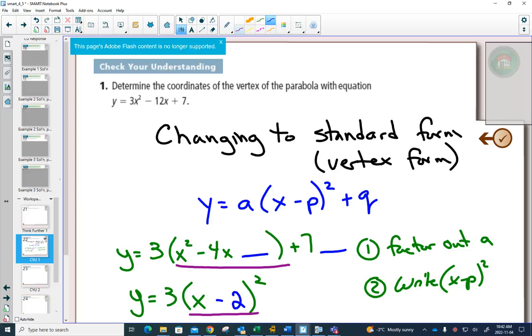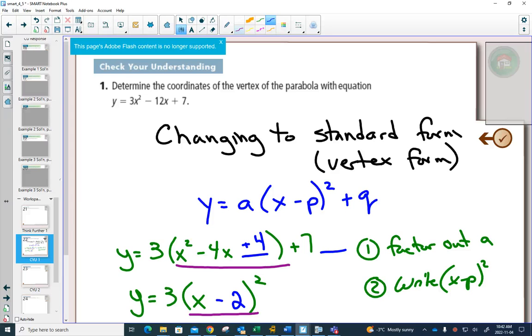What would have to be in this first space in order for that to be a minus 2? A plus 4. Now, you're not allowed to just add 4 to one side of an equation. It would make it unequal.